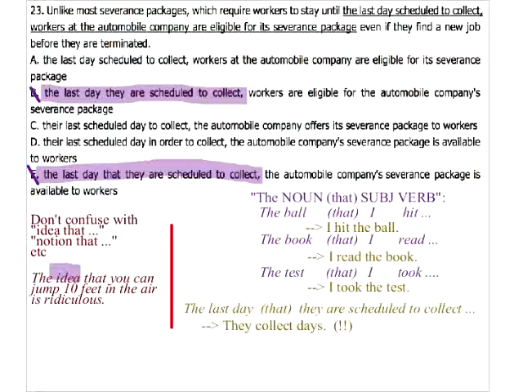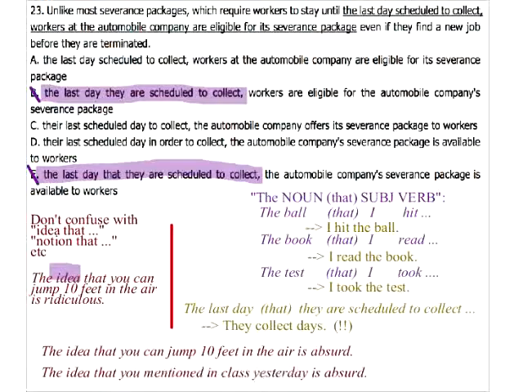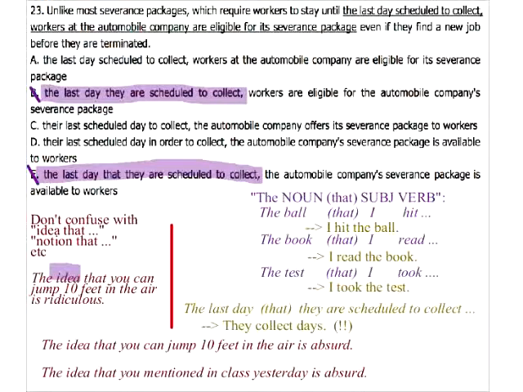The idea that you can jump 10 feet in the air is absurd. But the idea that you mentioned in class yesterday is absurd. These are two different constructions, so make sure you know both of these are okay. The first one of these is that type of construction.